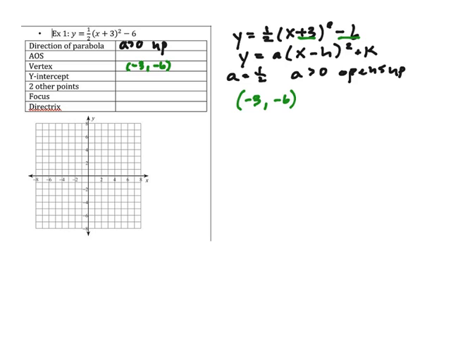Now the axis of symmetry is a vertical line, and it's always the x value of the vertex, so x equals -3. So let's go ahead and plot that. So -3, -6 right here. And our axis of symmetry is going to be x equals -3.